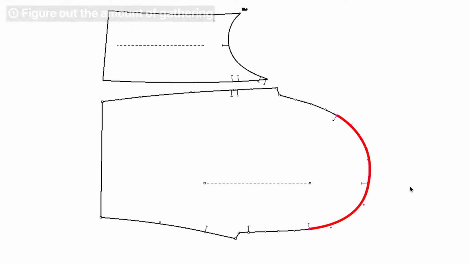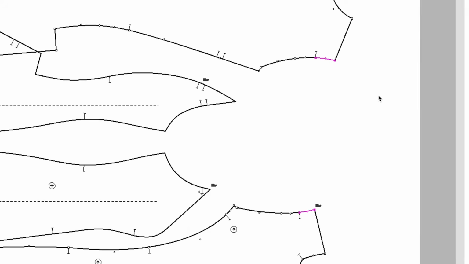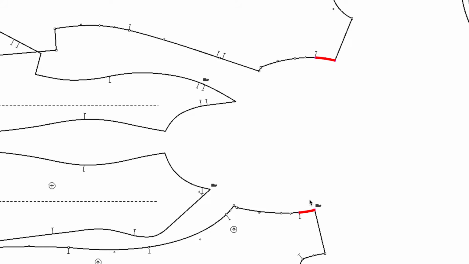Then first, we need to figure out the amount of gathering. So in this example, from this notch to this notch, the sleeve cap length is 26.2 centimeters. And on the body, you measure those two lengths. My example is 5.7 centimeters.